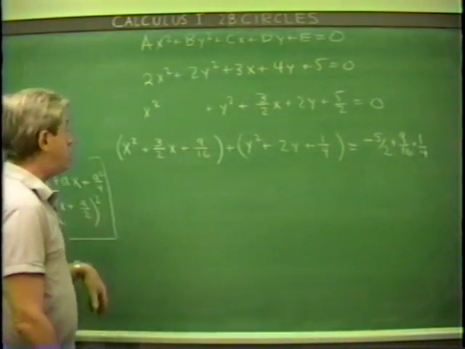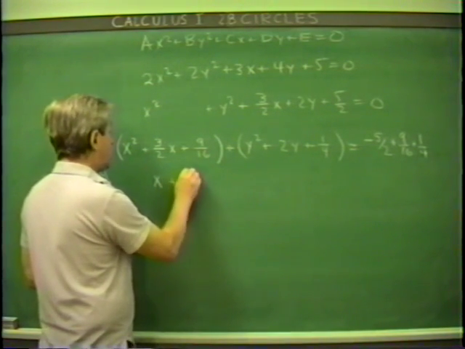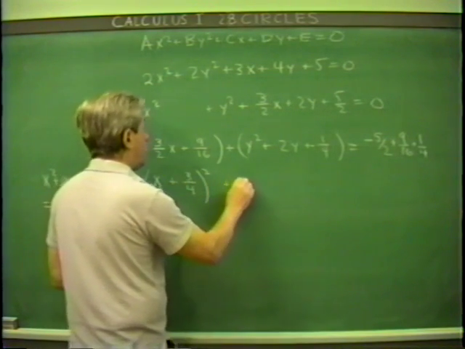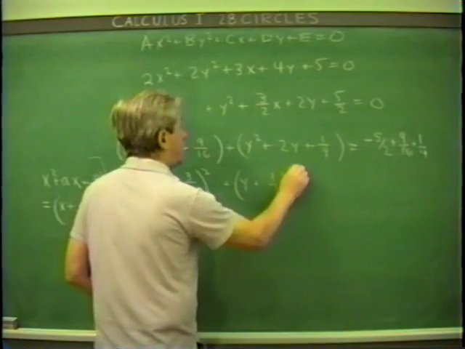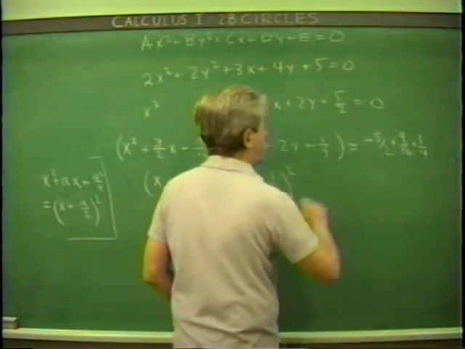We're now going to find that this is a perfect square. It's x plus 3/4, quantity squared, and y plus a half squared is this. And what have we got over here? So many 16ths here, huh?